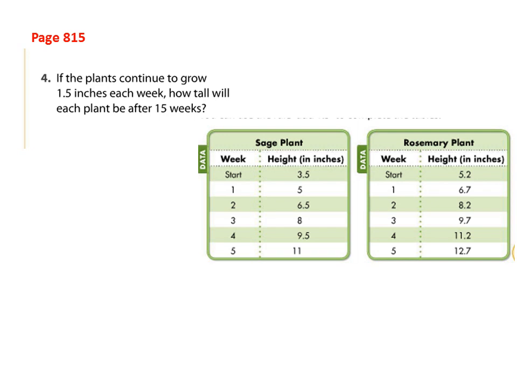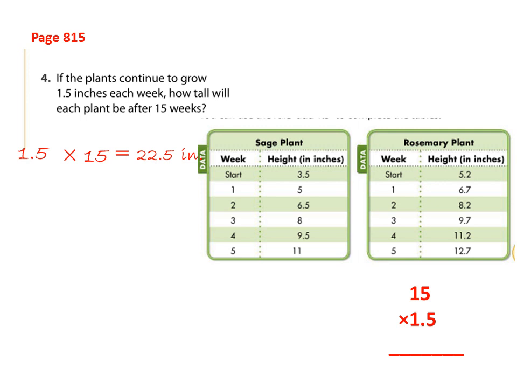Of course, the first step, we must multiply 1.5 times 15 weeks. You can line up these numbers and multiply 1.5 times 15. Yes, it will be 22.5 inches. So after 15 weeks, we must add 22.5 inches.